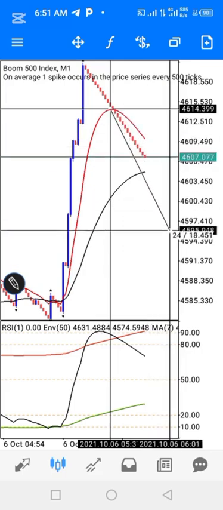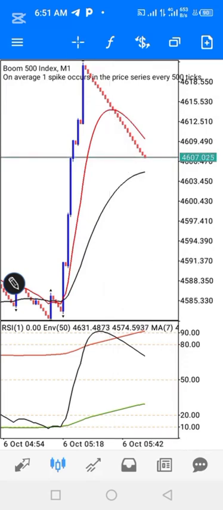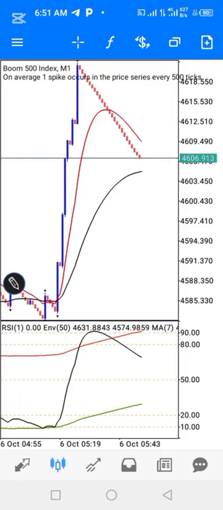You trade till your moving average gets to your 50 level or your 20 level, or your upper Bollinger Band comes down to the 50 level or 20 level. Do you understand? So that is what you consider on buy.